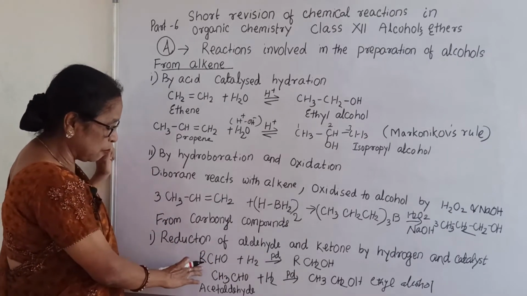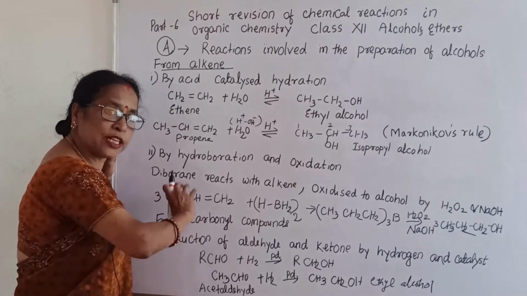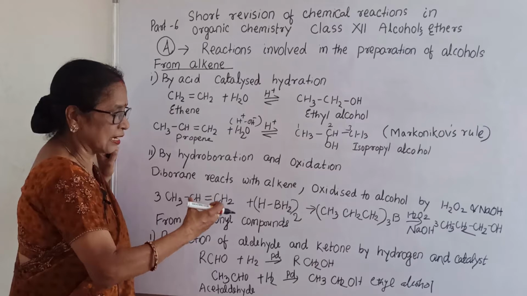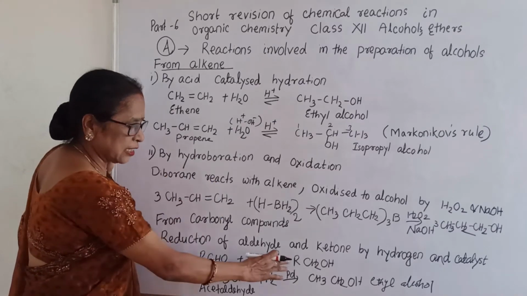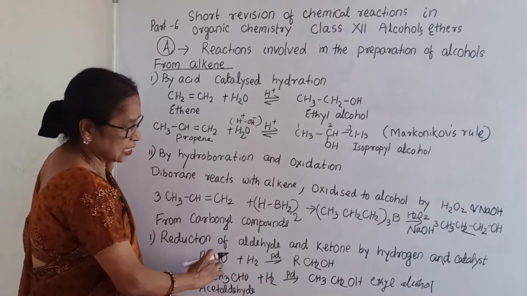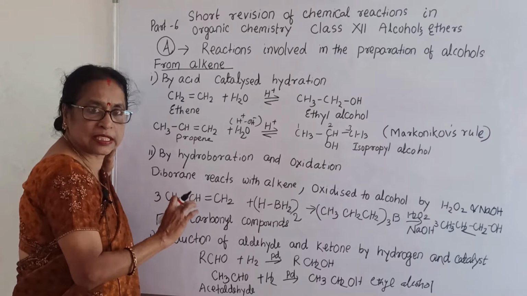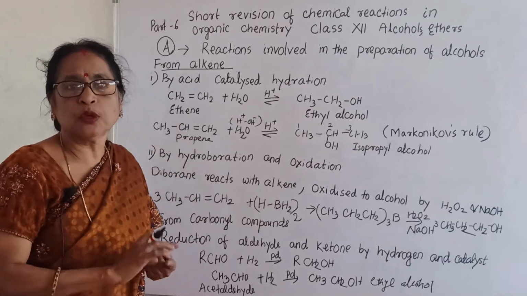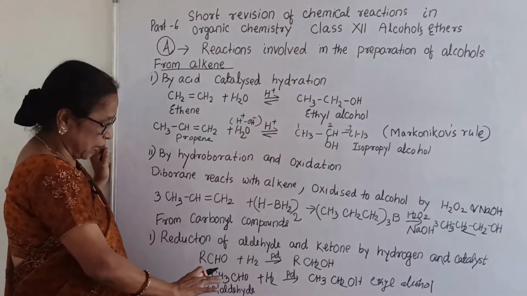Now see how many carbons are present. According to that, you can think what type of alcohol should be prepared. So R you put, now C changes to CH2, O changes to OH. Then you can say RCH2OH, that is the alcohol, that is the main product.